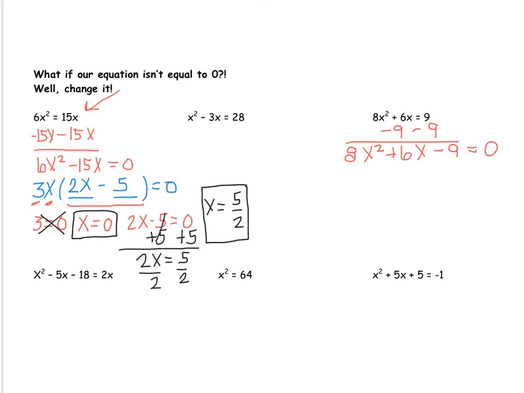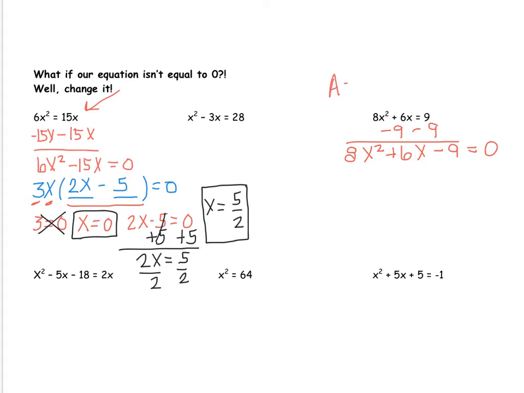So then you ask yourself, is it a binomial, 2 terms? The answer is no. Is it a trinomial, 3 terms? The answer is yes. So we do our A, B, C, AC method.